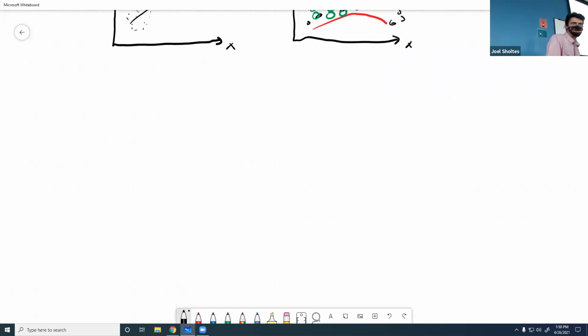The second assumption, and I should say that this is all based on, we plotted the data, and it looks like there's a roughly linear relationship, right? That's the first thing. Okay. The second is that the residuals are normally distributed.